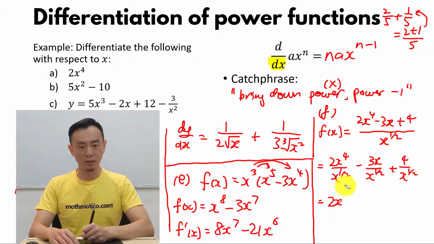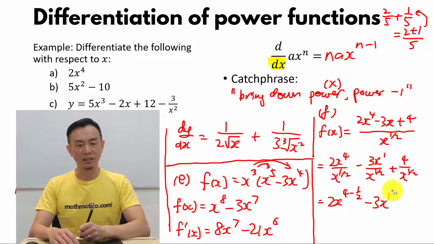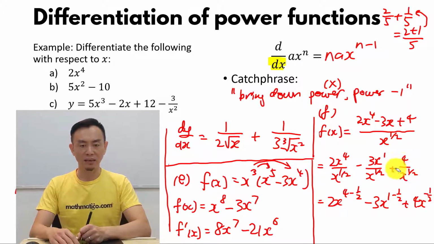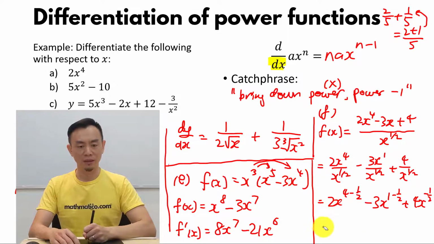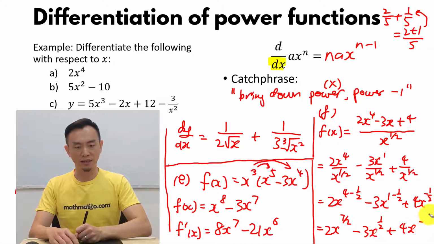You have 2x to the power of 4 minus half, minus 3x to the power of 1 minus half, plus 4x to the power of negative half. This is x in the denominator, so you bring it up and get a negative power. So we will simplify this to 2x to the power of 7 over 2 minus 3x to the power of half plus 4x to the power of negative half.